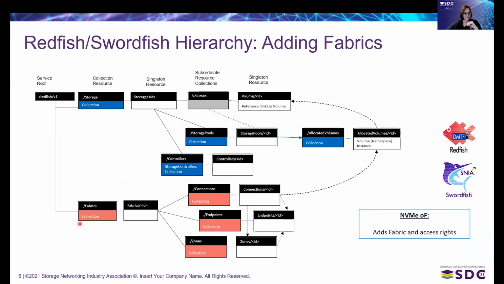The way this is structured is basically under fabrics, you use a triplet of objects. In this case, it's connections, endpoints, and zones. Endpoints represents the connection point, the abstraction of the connectivity to the targets and initiators themselves. Connections is where you describe the permissions for particular targets.